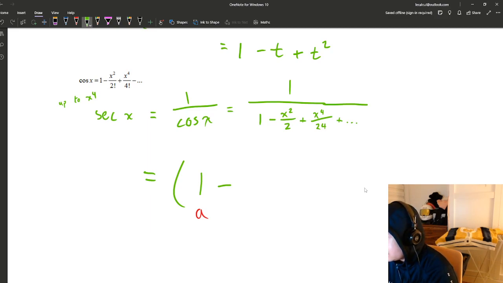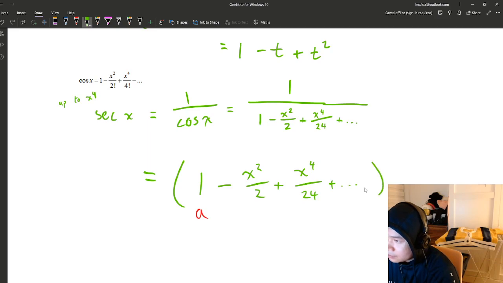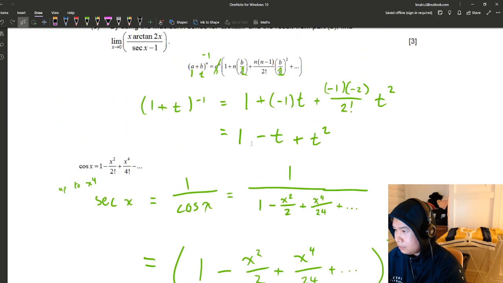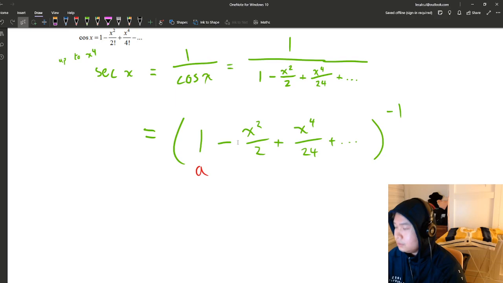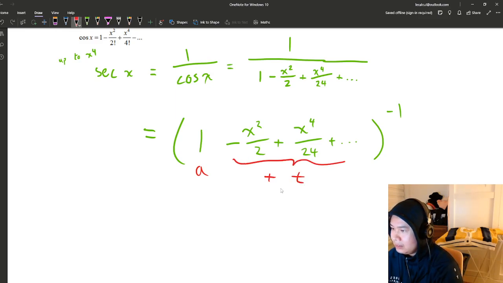Let me just do this real quick. x squared minus 2 plus... Okay, that was dumb of me. I shouldn't have omitted that. So basically, this whole entire thing is going to be my plus t. Yeah, okay.